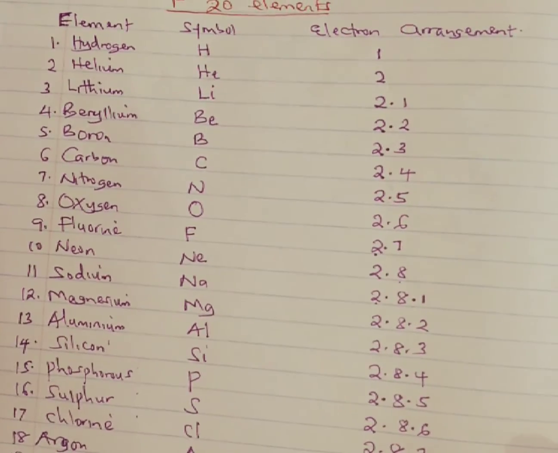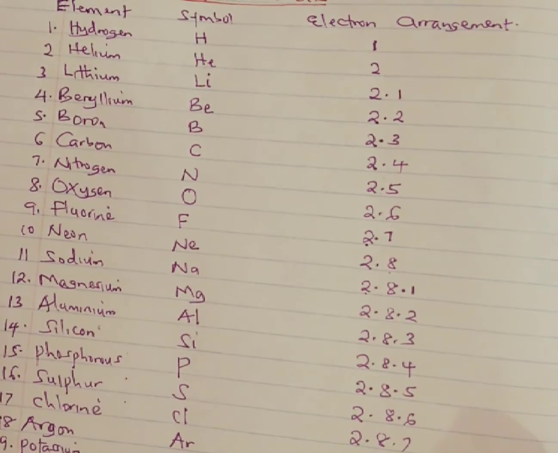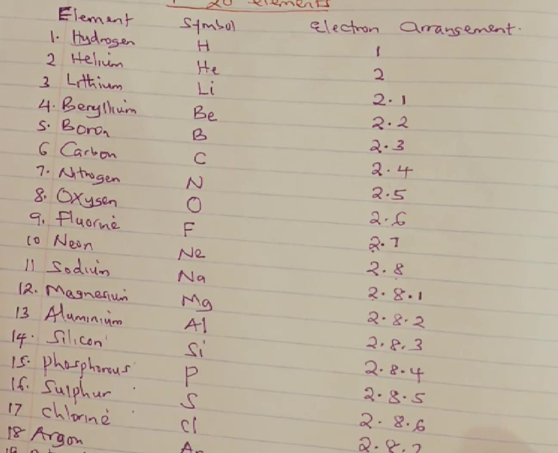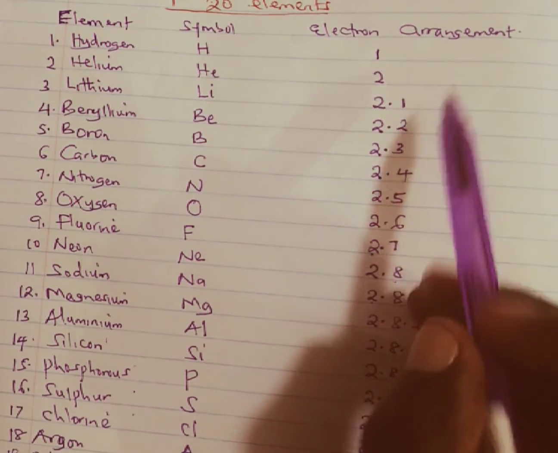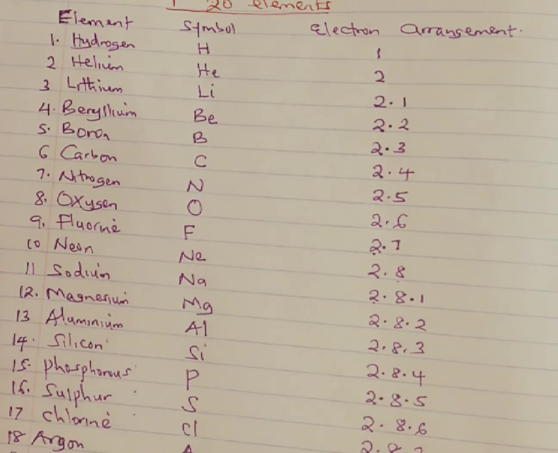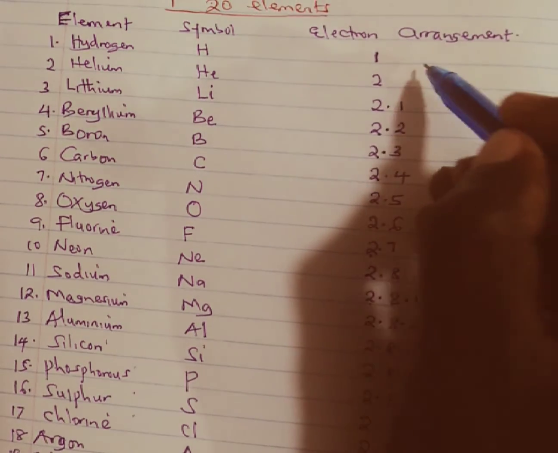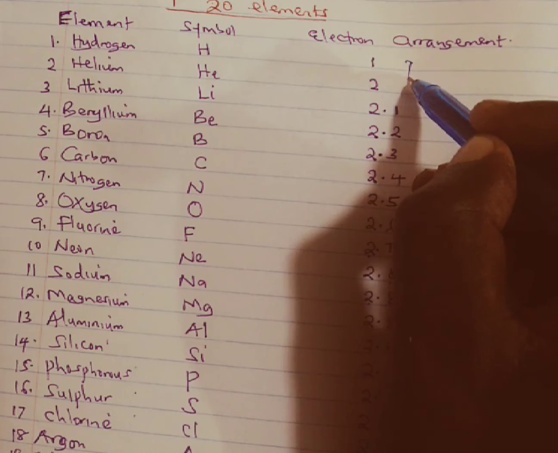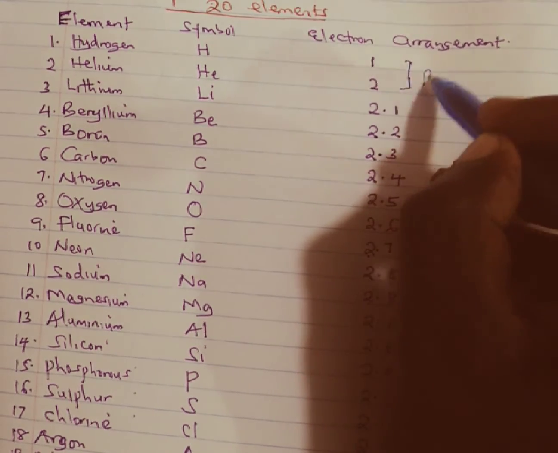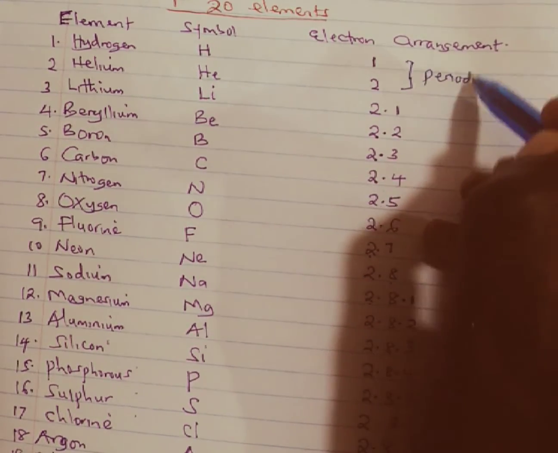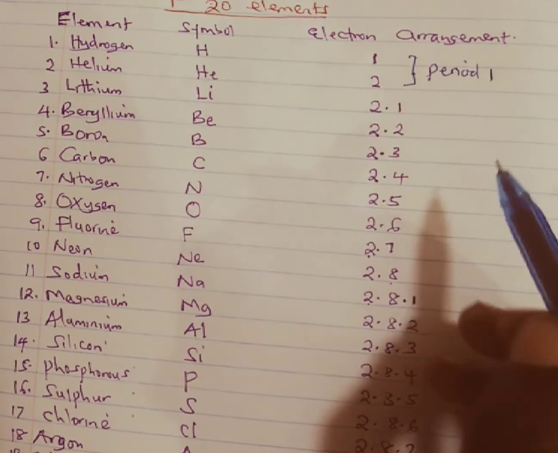If you look at these 20 elements, you realize that the first 2 elements have only 1 occupied energy level, and these first 2 electrons belong to period 1 of the periodic table.